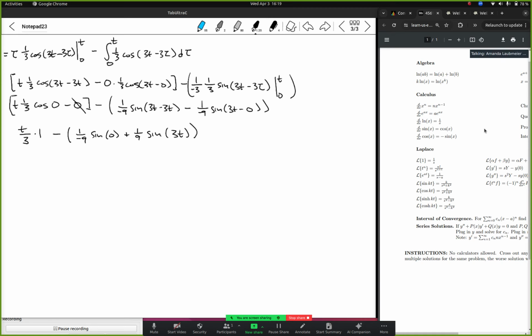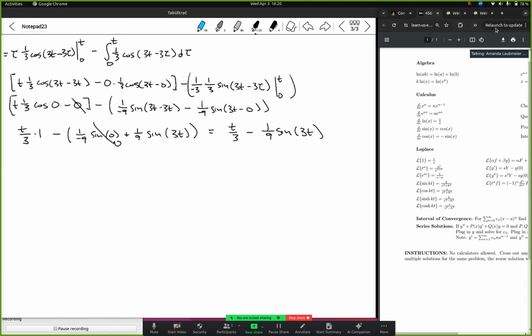I better check the sine cosine thing real quick. Yep, I can confirm cosine of 0 is 1. That means sine of 0 is 0. And so this is just becoming t over 3 minus 1/9 sine of 3t.